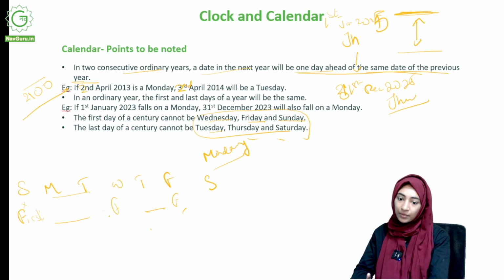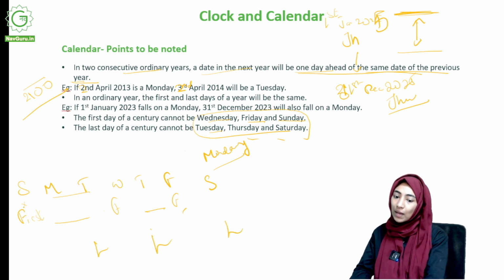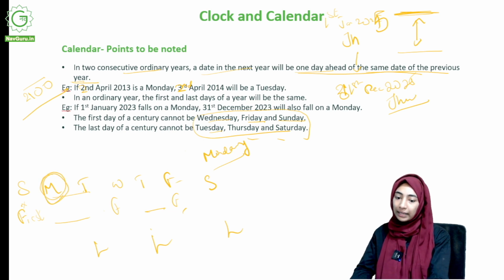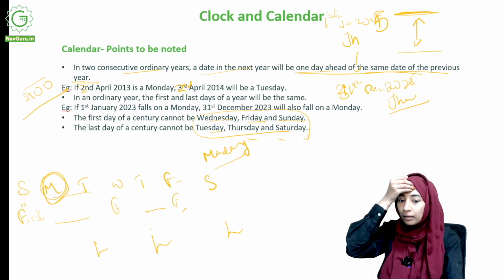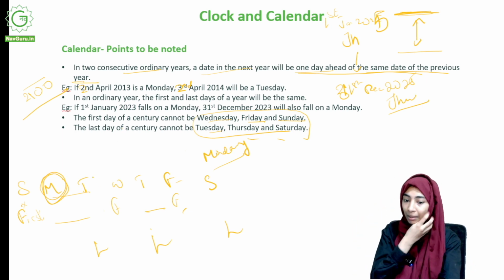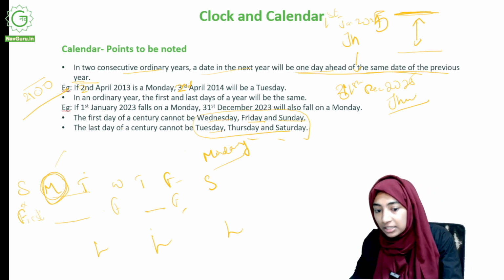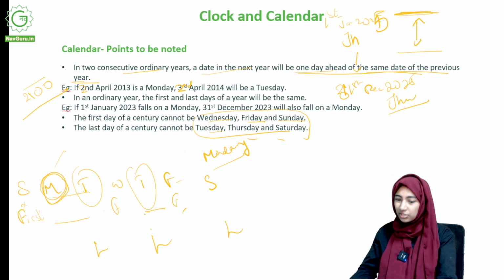For the last day, you start from Tuesday onwards and you just leave 1 space. Here also ideally you're only leaving 1 space, but we know that Monday is the special day of the week. The first and last day of a century can be a Monday. So if you leave Monday, then it's just 1. That's just a way to remember.